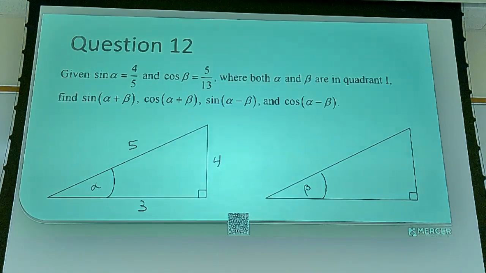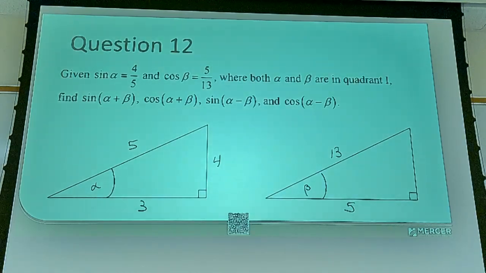Adjacent over hypotenuse. What is that missing length? It can be a variable, yes, but it has a fixed value. How would you find it?